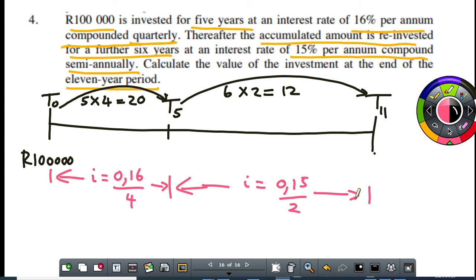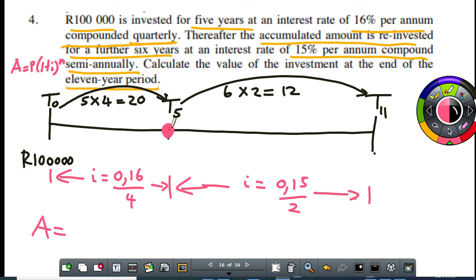Now, I'm going to show you something very important. There are 2 methods of carrying on here. The easiest method is to say, we know that our formula for compound interest is A equals P times (1 plus i) raised to the power of n. Now, do you agree with me that after 5 years, whatever amount is accumulated here, that amount is going to be invested again, they need to accumulate interest from this on. So, the A value for the first 5 years becomes the P for the last 6 years.